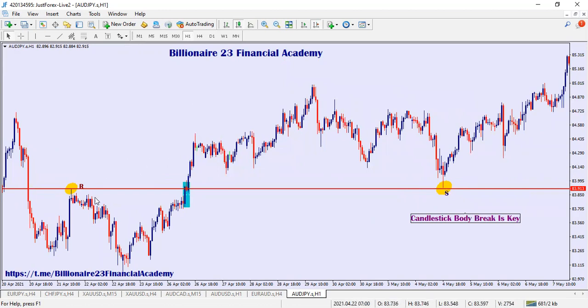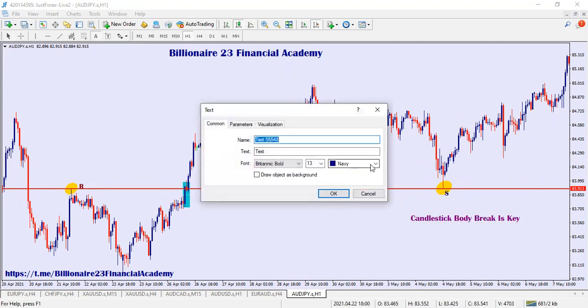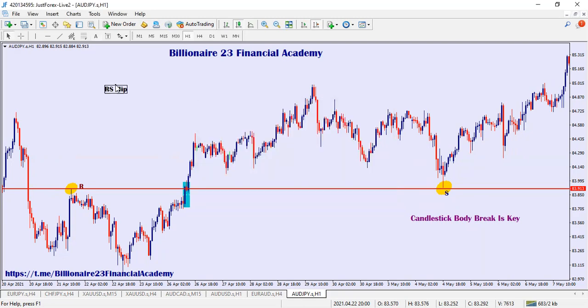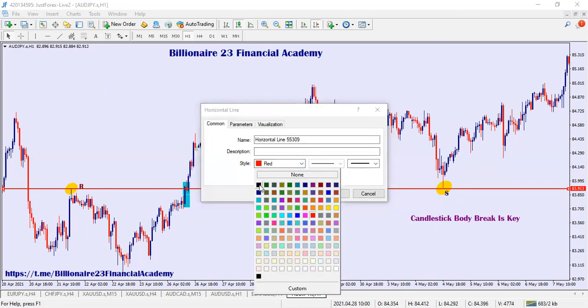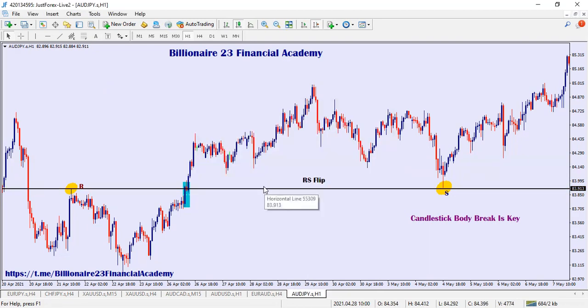And since it's resistance becoming support with the clean candlestick body break, we call this a resistance support flip, or RS flip for short. This is an RS flip. I'll show you how you can go about trading this in the later videos.